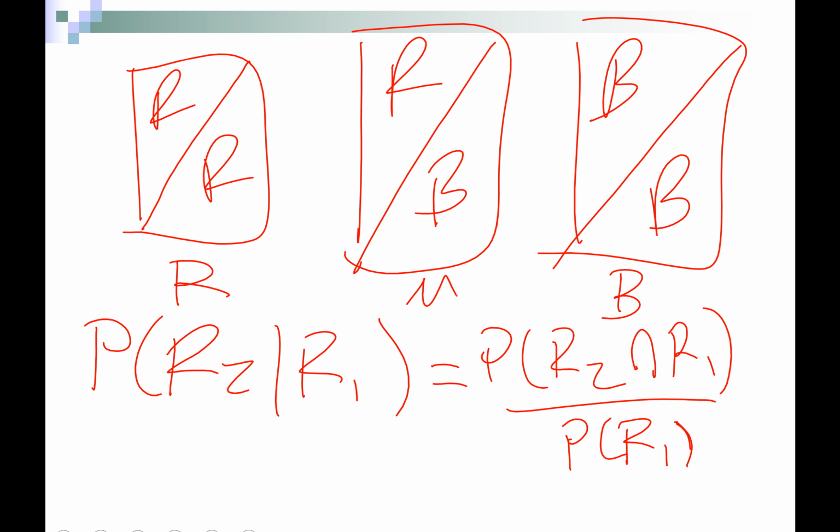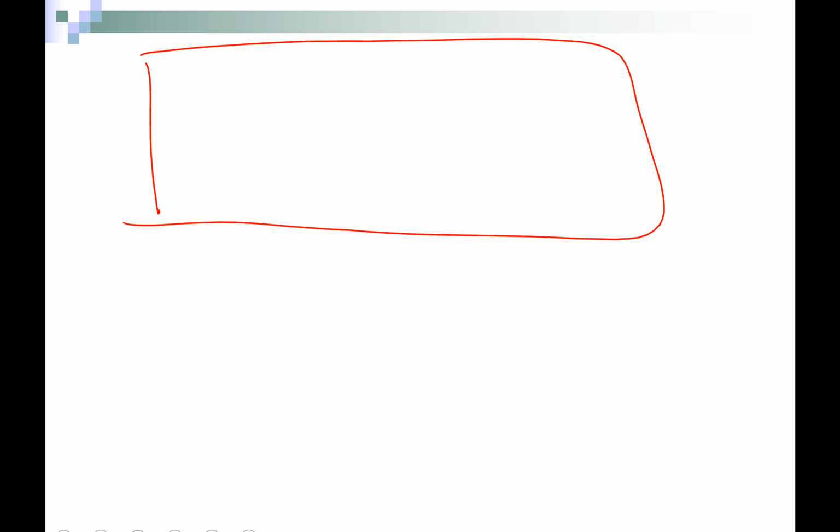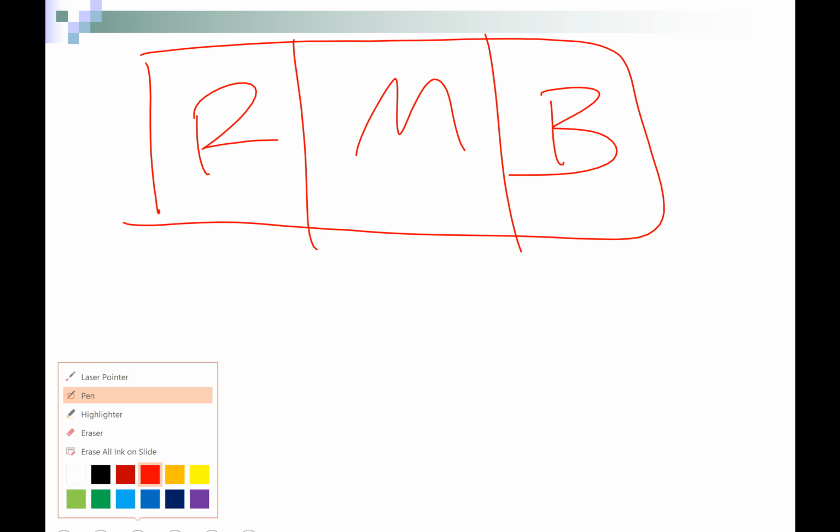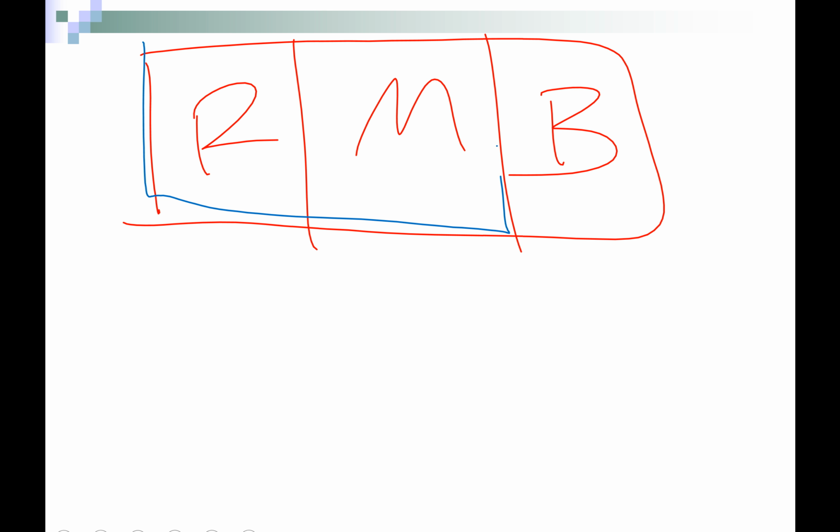In other words, the universe that we're thinking about here, if you think about this in terms of a Venn diagram, here's the red card, here's the mixed card, here's the blue card. What do I know? I know that this has happened.